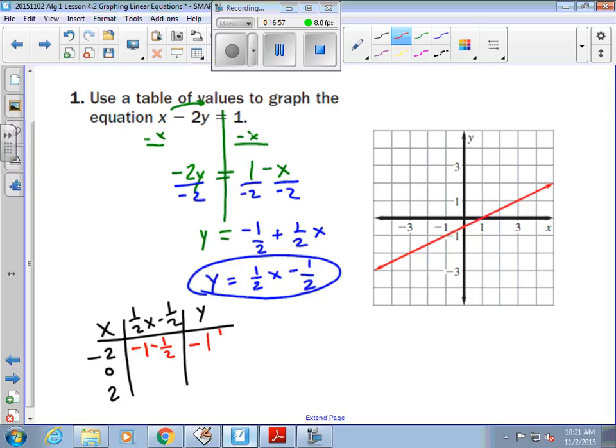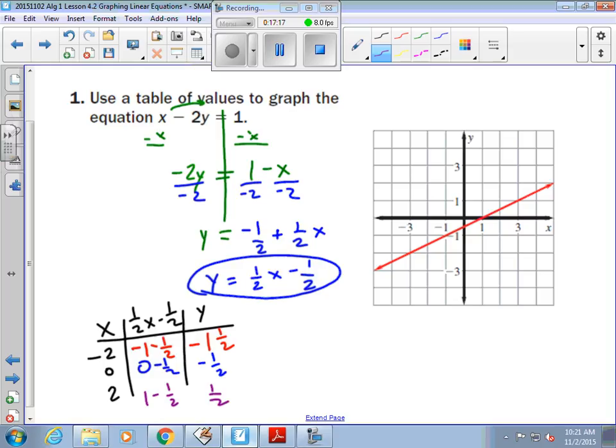Let's leave it like that. It's easy to graph negative 1.5. 1/2 times 0 is 0. And then 0 minus 1/2 is negative 1/2. And then 2 times 1/2 is 1. 1 minus 1/2 is positive 1/2.